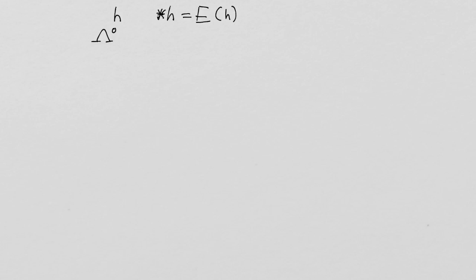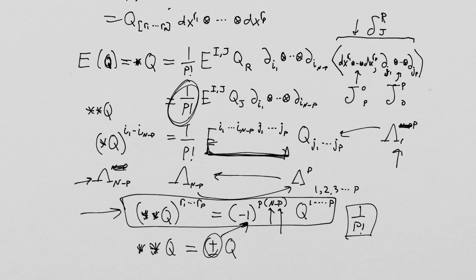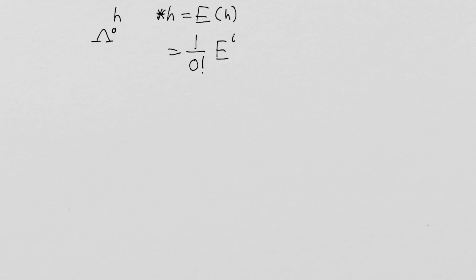So the dual of H, let's write down the formula. It's going to be 1 over 0 factorial, which is then times the volume form. And now the partitioning, this partitioning to ij that we did here becomes very uninteresting. It's just all n, right? There's really no partitioning.